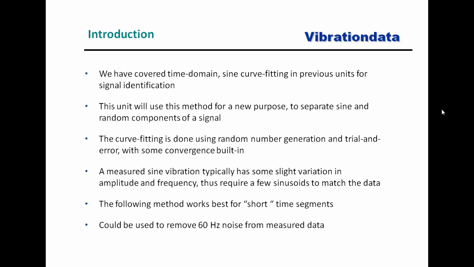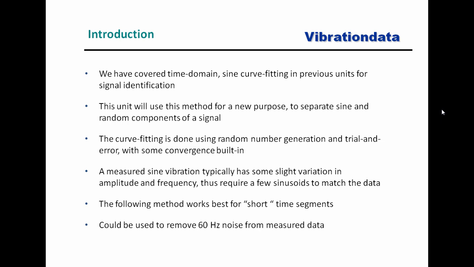For example, we took a look at a tuning fork and identified its frequency in one of the very first units. But another situation has come up. This is at the request of someone who sent me an email, and he needed to take some sine on random data and separate the sine from the random components of that signal.